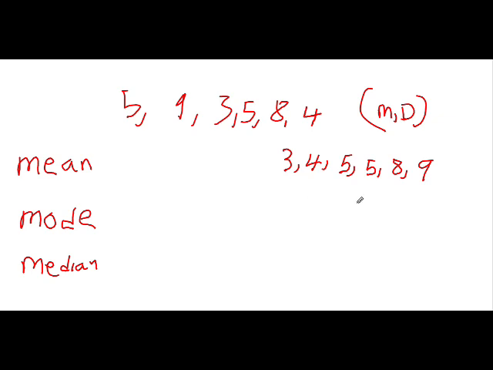So this is how you solve this problem. You take the middle 2 numbers right there, and you take the average of them. That means you divide by 2. So this is how it's going to go: 5 plus 5 divided by 2. And of course the answer is 5.